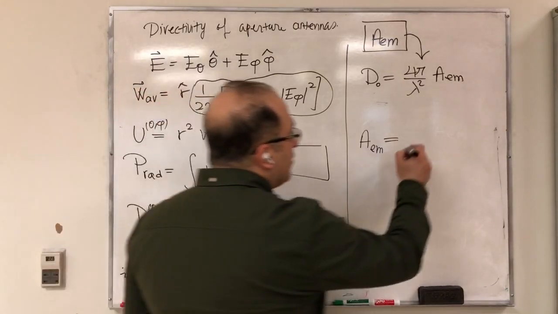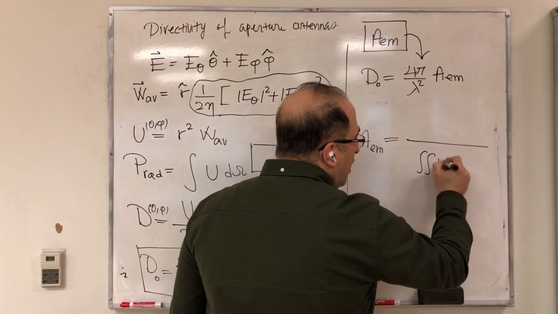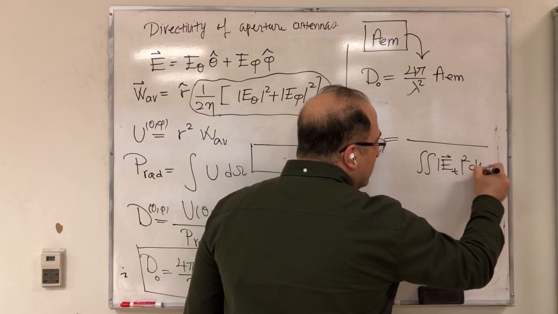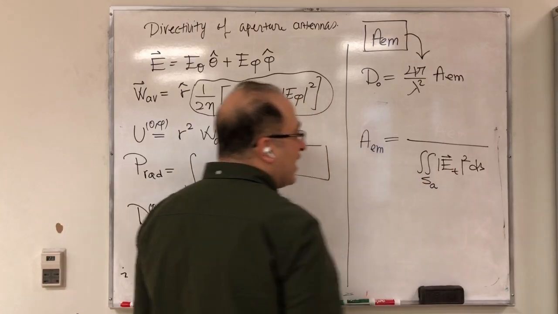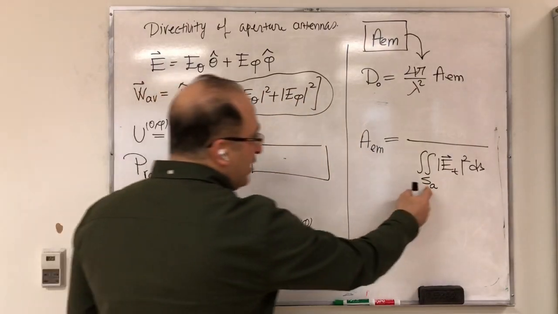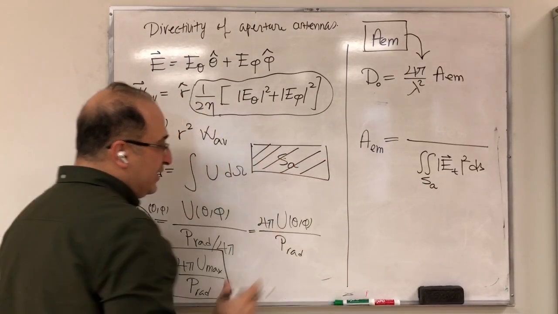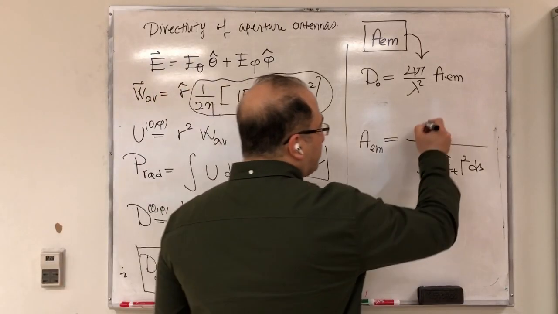So A_em would be equal to the integral of the magnitude of E_t squared dS. So this is over the aperture. Let me write it as S_A: S stands for area in this case, and A means aperture. So if this is the aperture, this is S_A. This is the geometrical domain that you perform the integration over.